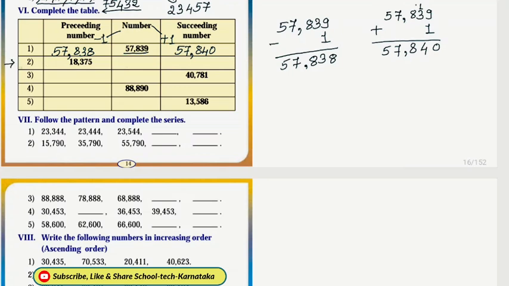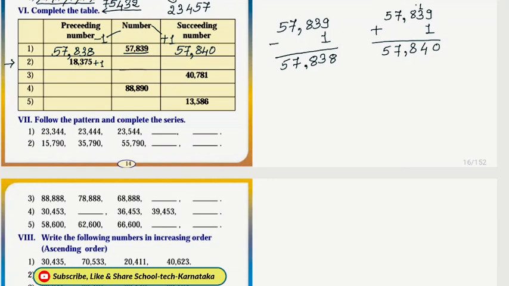In the same way, in the second exercise, we have only a preceding number, and we need to fill out the given number and the succeeding number. So in this case, since the preceding number is 1 minus the number, we know that when we add 1 to this number, we get the number.